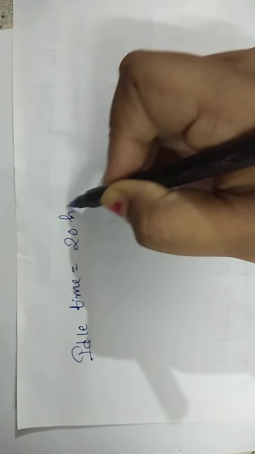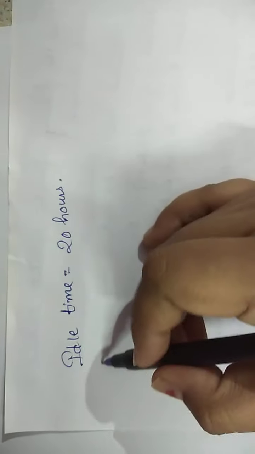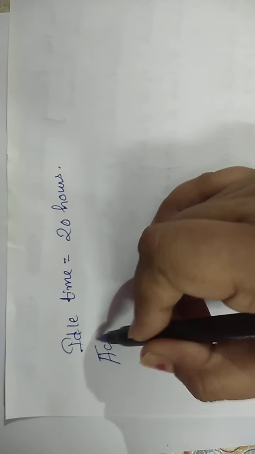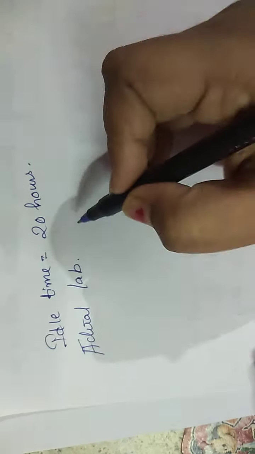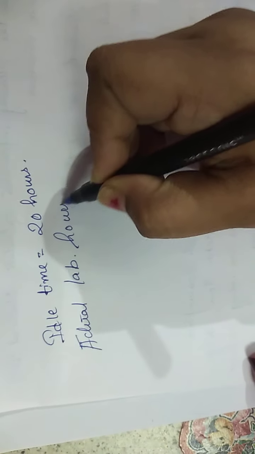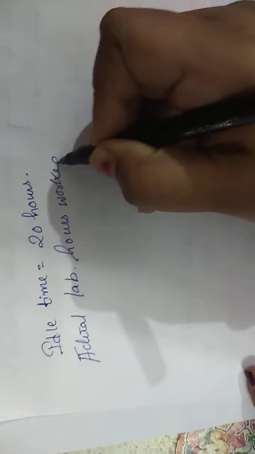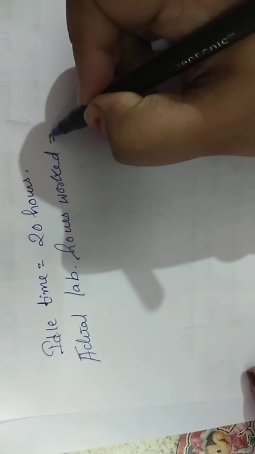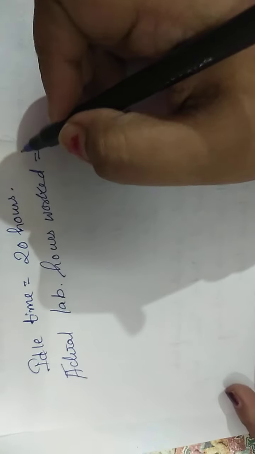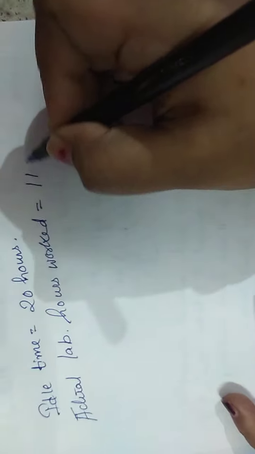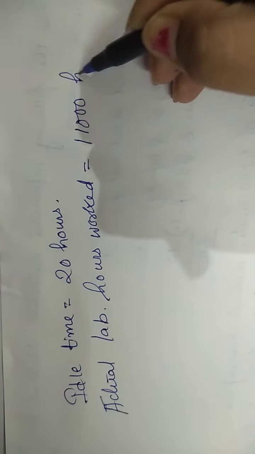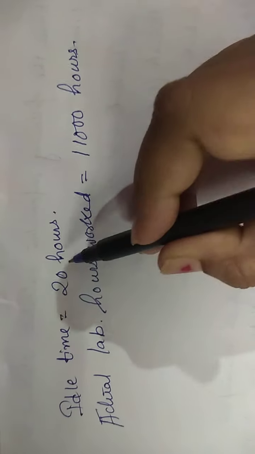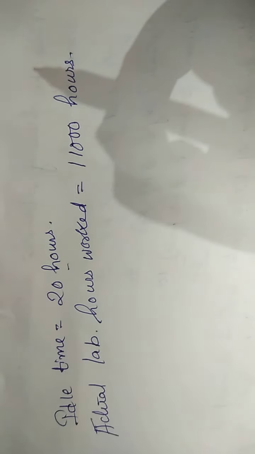Since idle time is given, that means I have to find out idle time variance, and total actual labor hours worked. Actual labor hours worked was 11,000 hours, which includes this 20 hours idle time.